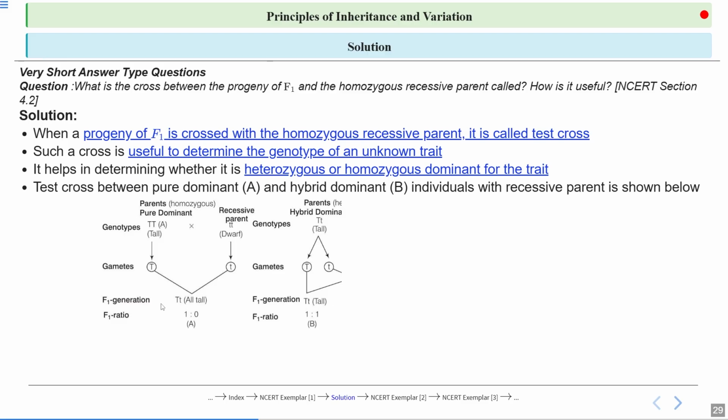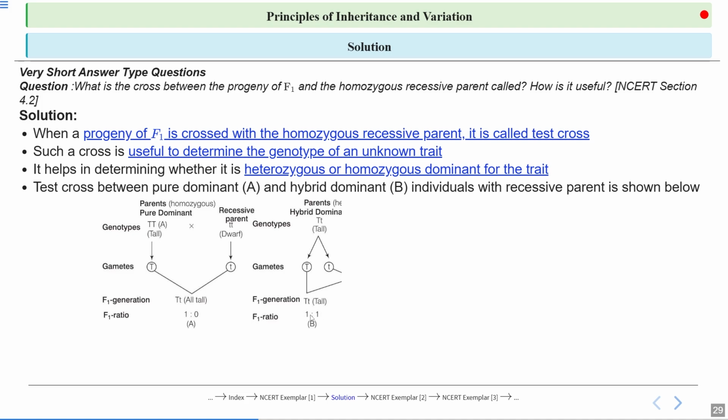All the F1 generation will be tall. Clear? So if in the F1 generation all the offspring are tall, if you are observing the dominant phenotype, then you can say that the parent is homozygous dominant. It is capital T capital T.